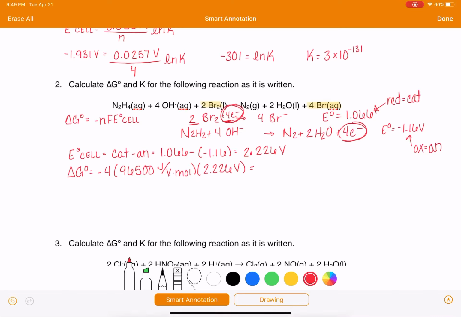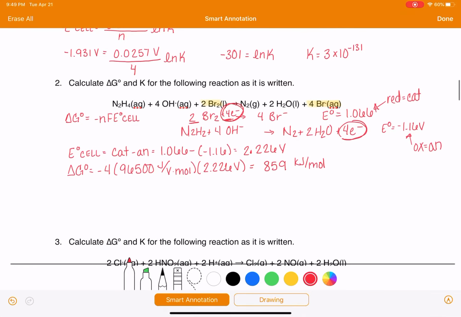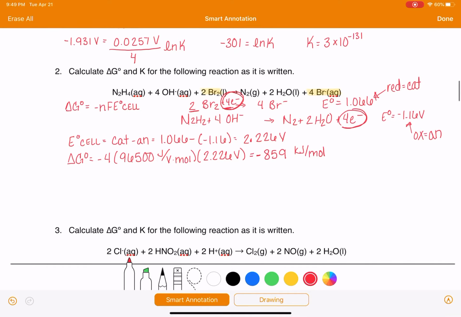Again, really big, so I'm going to be dividing by 1,000 immediately to put it into kilojoules. Negative 859 kilojoules per mole. So there's our delta G.